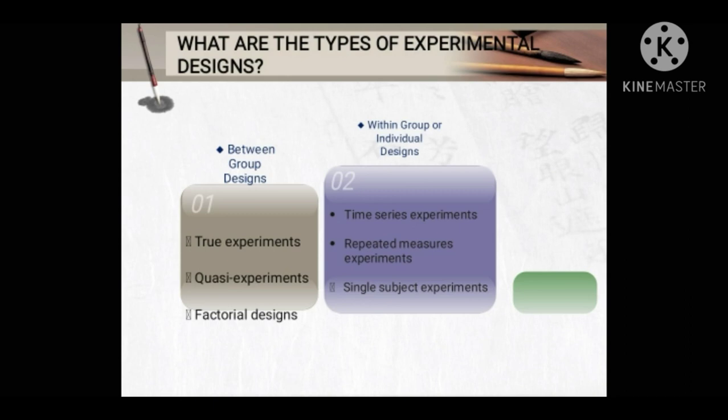Single individual or within individual design. This type of design assumes several forms. First is time series, second is repeated measures, and the last is single subject design. A time series design consists of studying one group over time with multiple pre-test and post-test measures or observations made by the researcher.